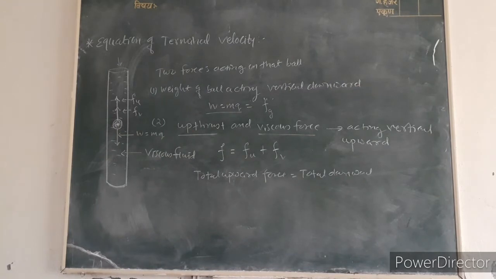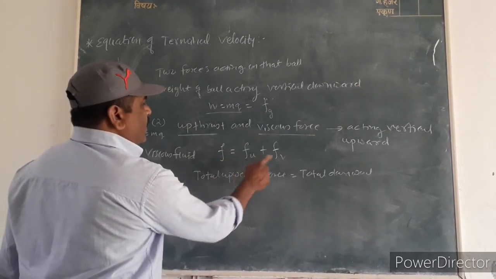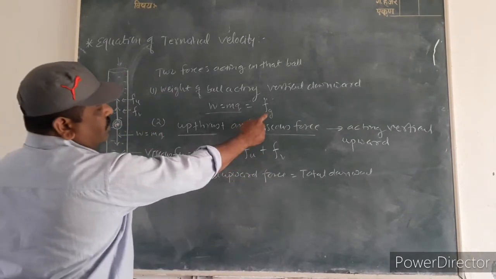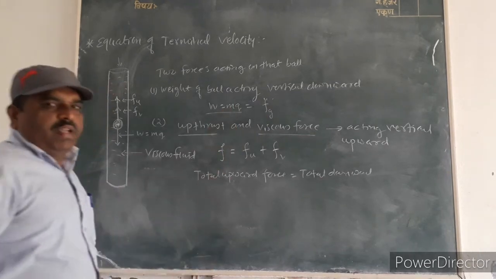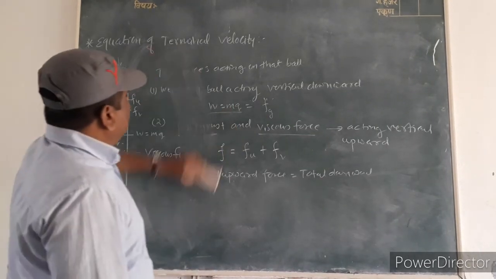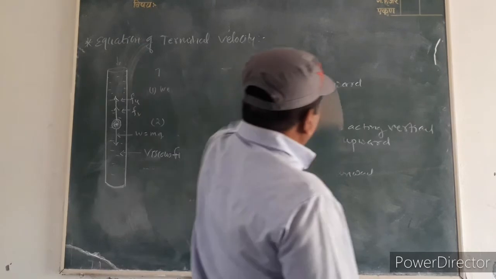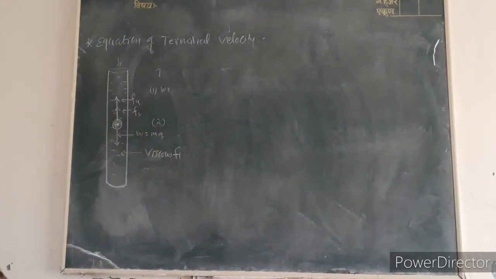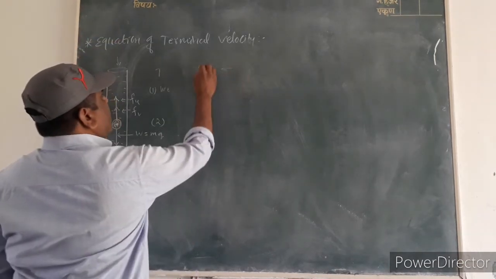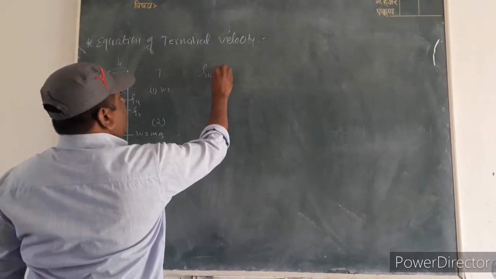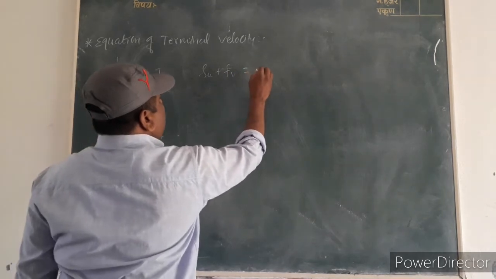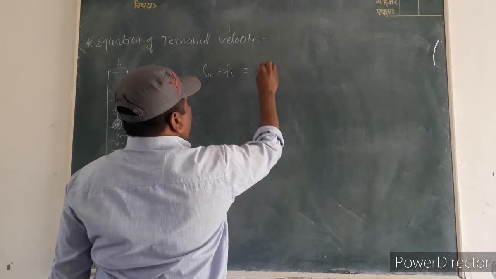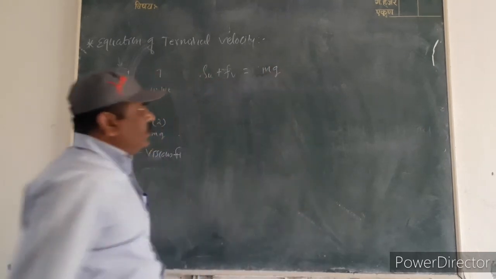Therefore, Fu plus Fv is equal to W, or m into g.